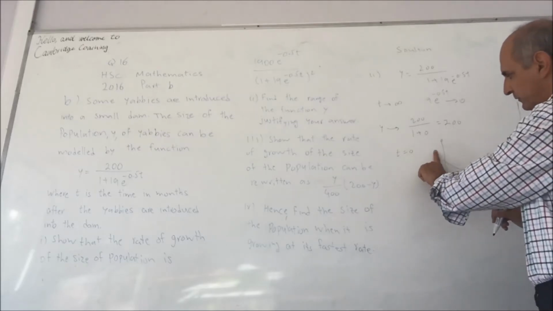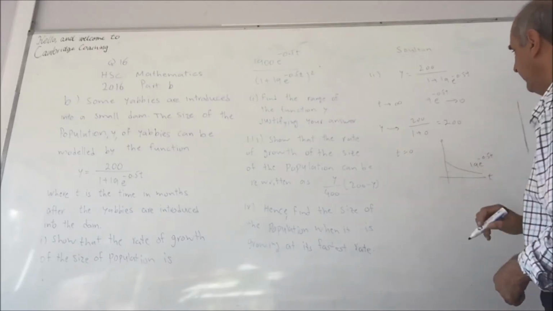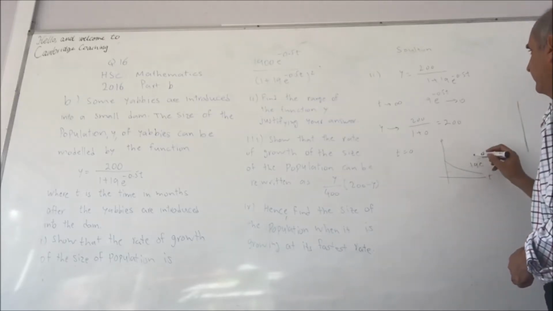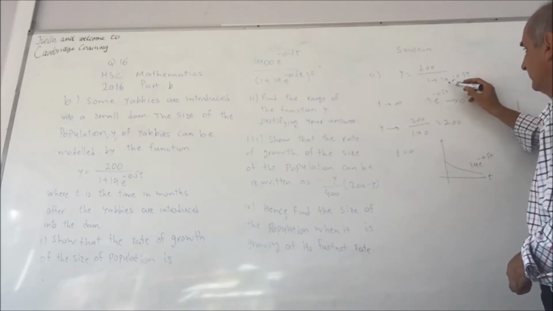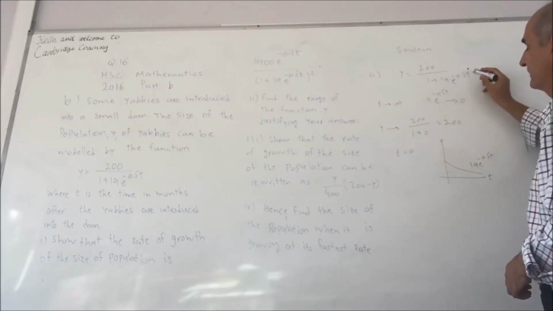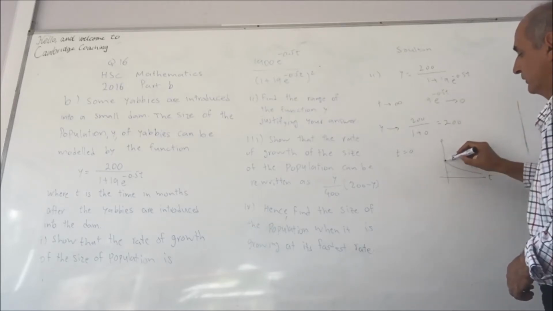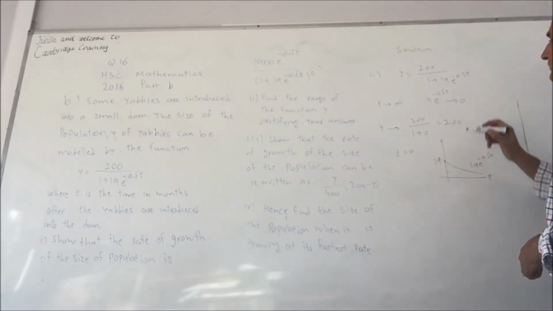Of course, we are not using negative time, so it will be decreasing as the time goes. So initially this has its maximum value, which is going to be 19.